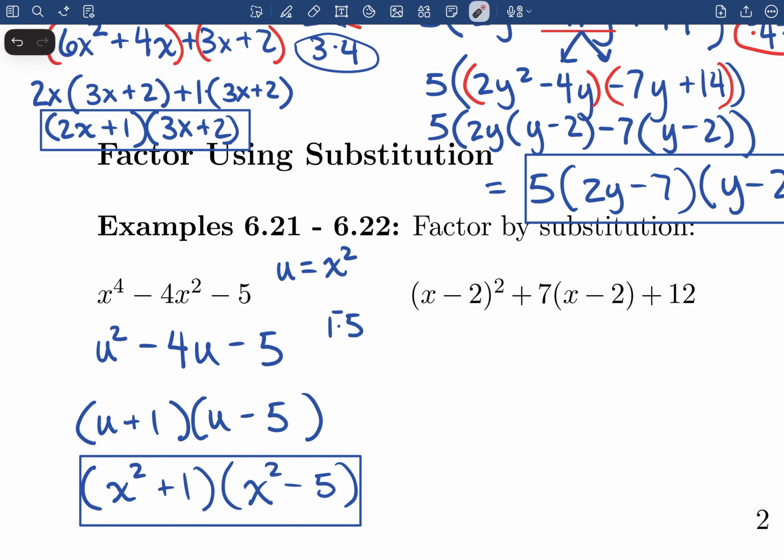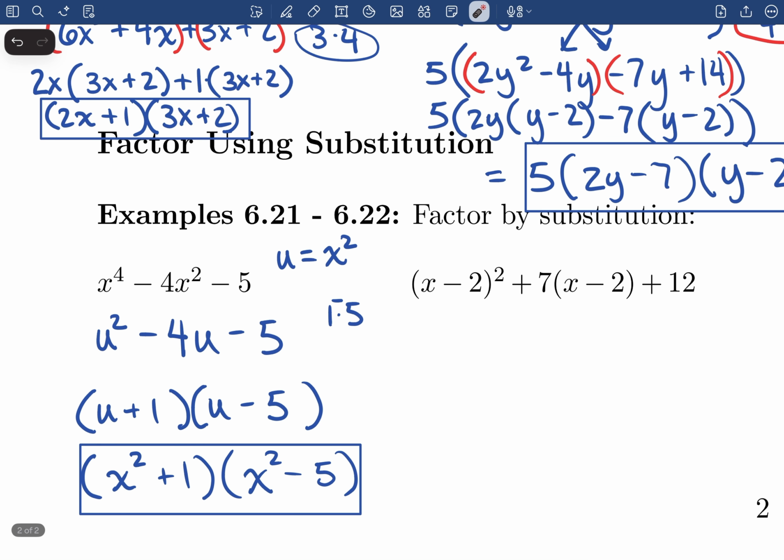It's got higher powers. So I say x squared equals u, and then I substitute in that u for x squared. I factor that, and then once I've done the factoring, I replace all of these u's with what they originally were, x squareds. And I have now factored completely.